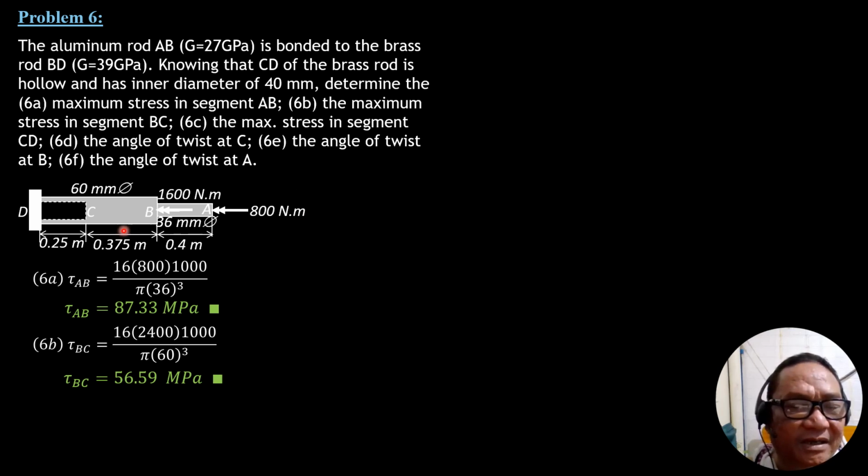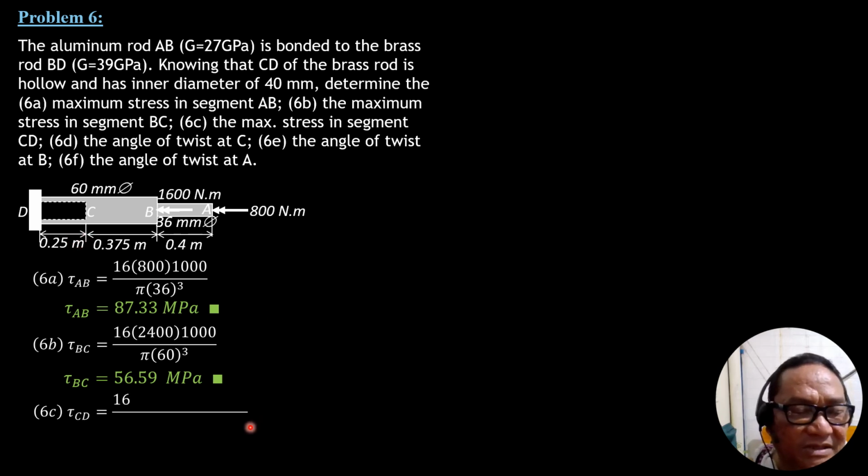Then for CD, it is hollow. Tau max is 16 torque. The torque is also 2400 negative but treated positive again. 16 torque, outer diameter which is 60, then divided by pi quantity outer diameter to the fourth minus inner diameter to the fourth.